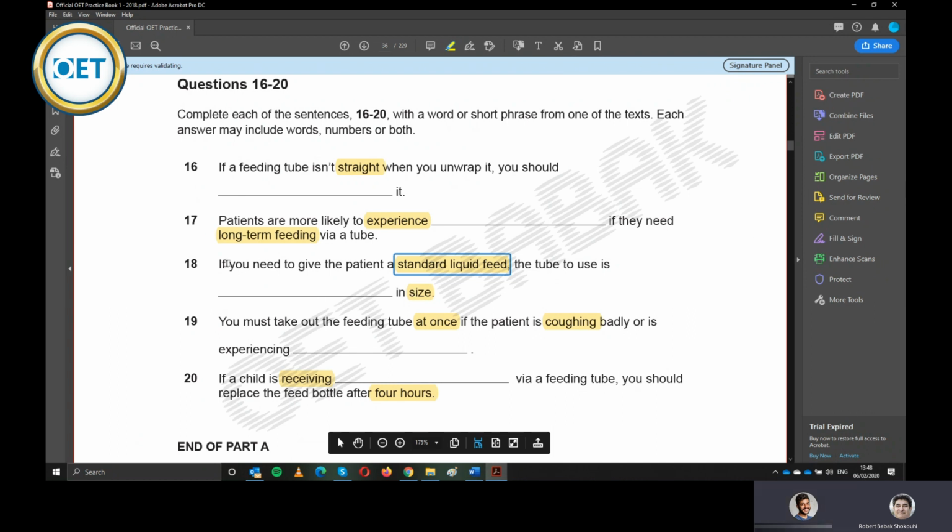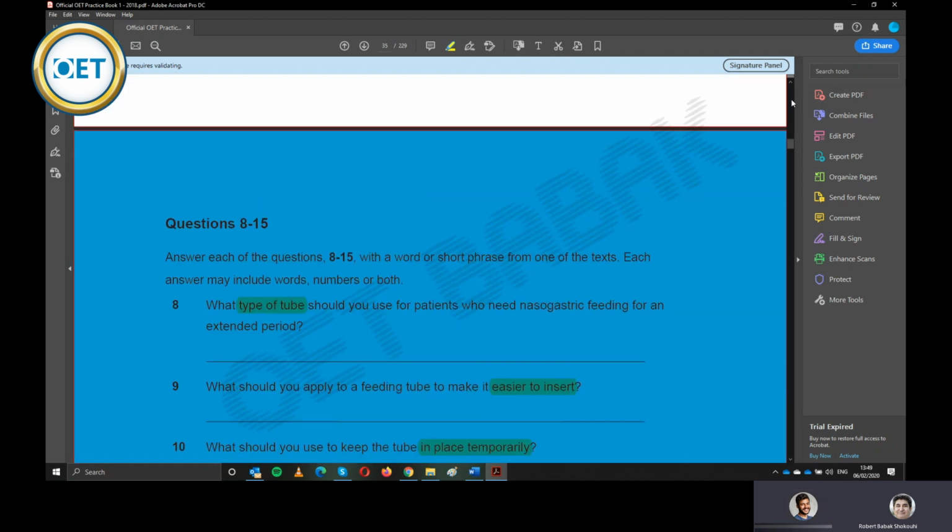So the only one which we don't know is patients are more likely to experience what if they need long-term feeding via a tube. What are they more likely to experience? Okay.